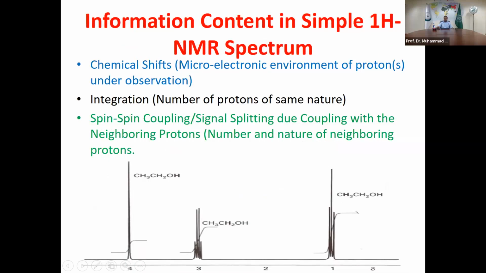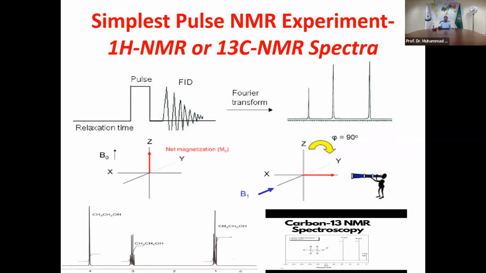So you wait a bit extra time till the magnetization vector again becomes the longitudinal magnetization vector. It's called longitudinal magnetization vector towards the direction of Z. Okay, and then you give again a pulse. You bring it to the XY plane, which is called the transverse plane.